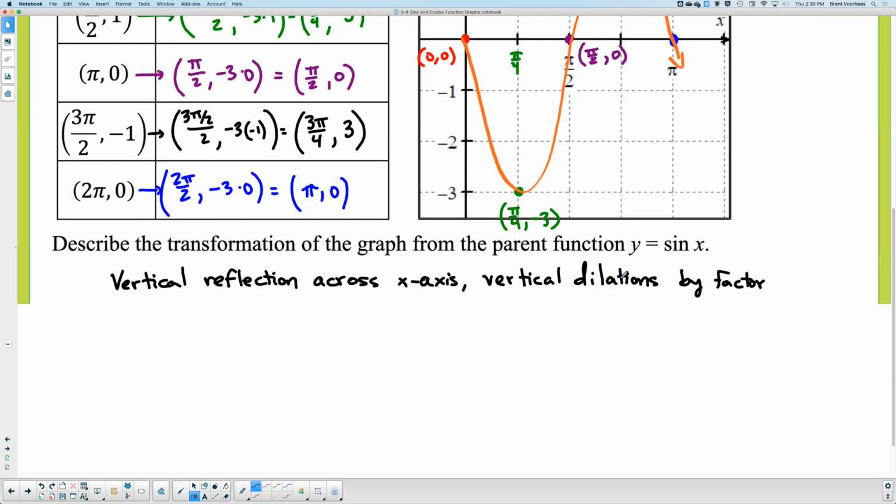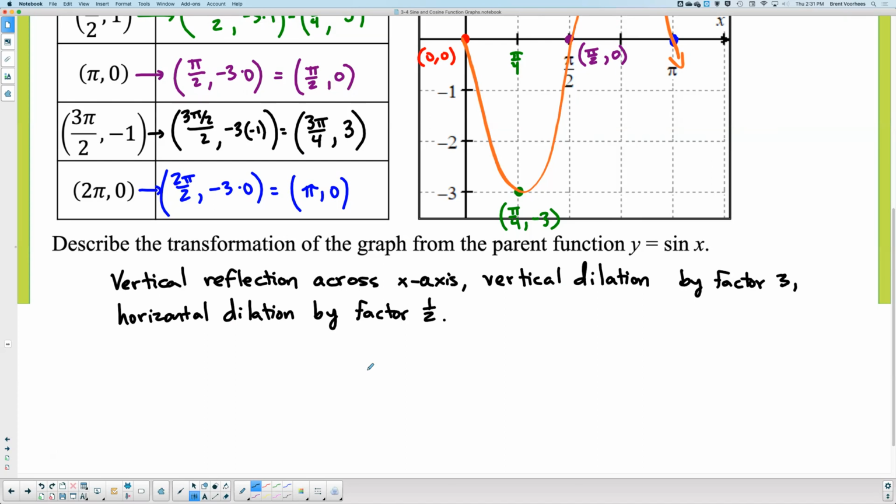The negative was the reflection. So you'd say vertical dilation by factor 3. Finally, we have a horizontal dilation. Dividing by 2 is the same thing as multiplying by what value? 1/2.